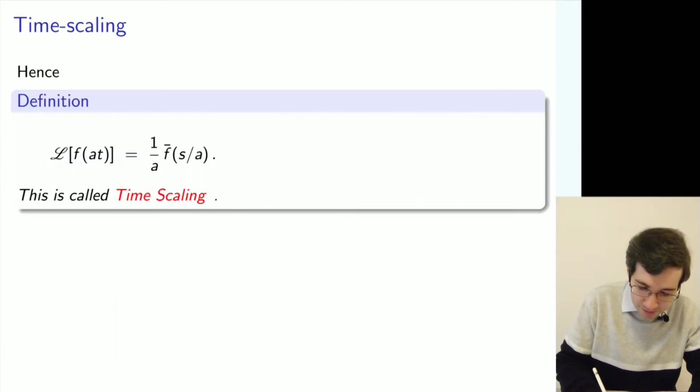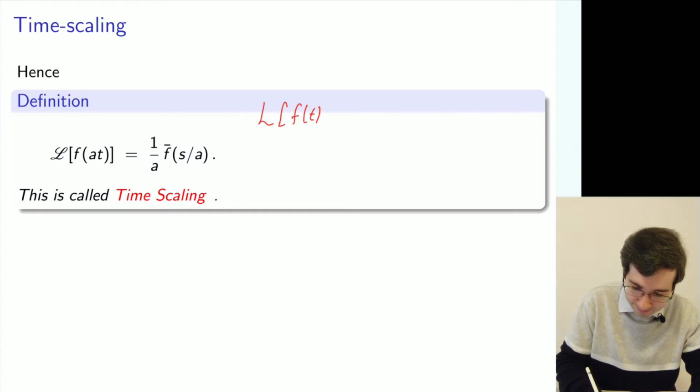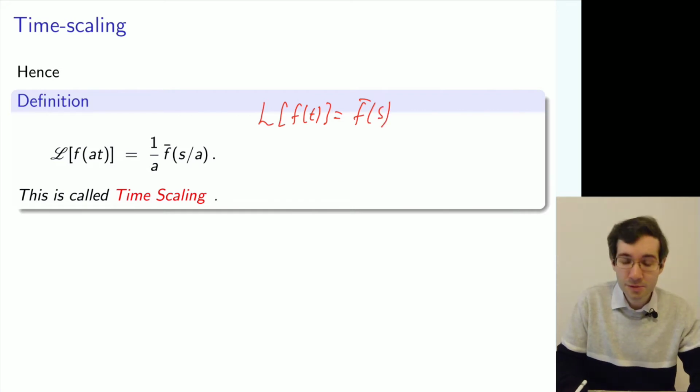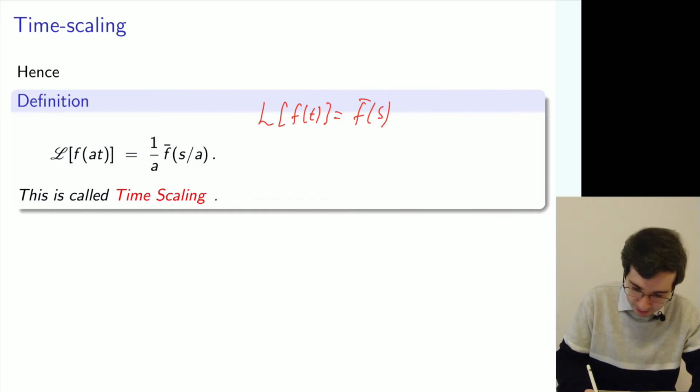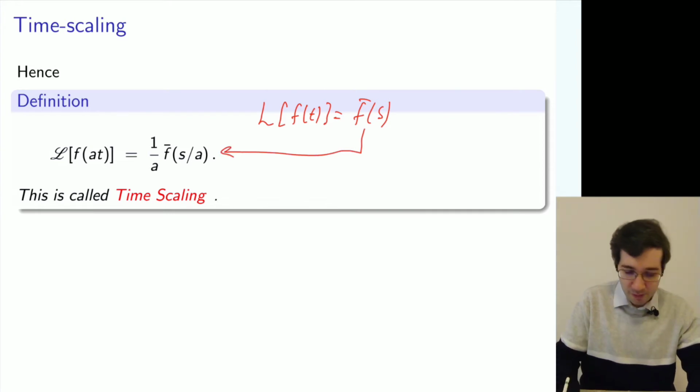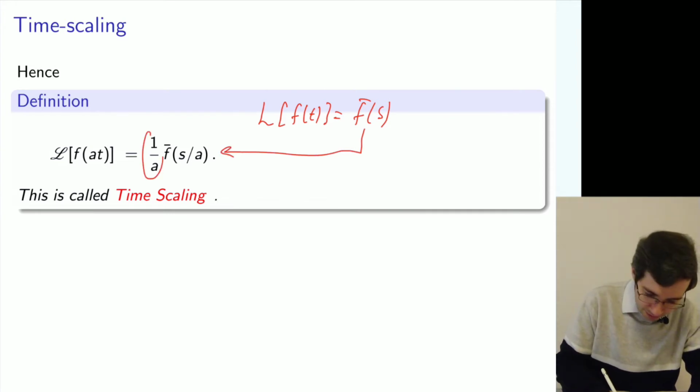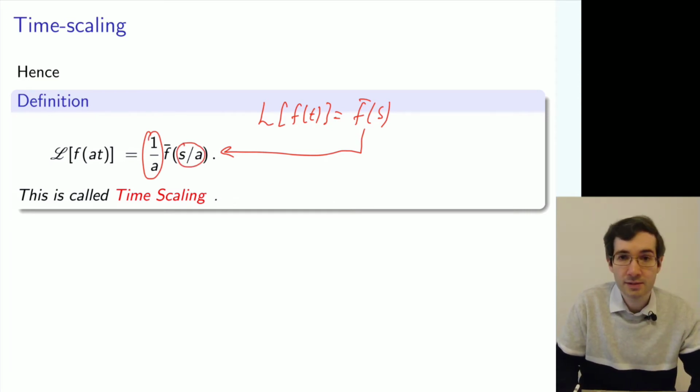So now, if you have a Laplace transform of a function f bar of s, all you do is you just scale it with a factor 1 over a and also replace its argument with s over a.